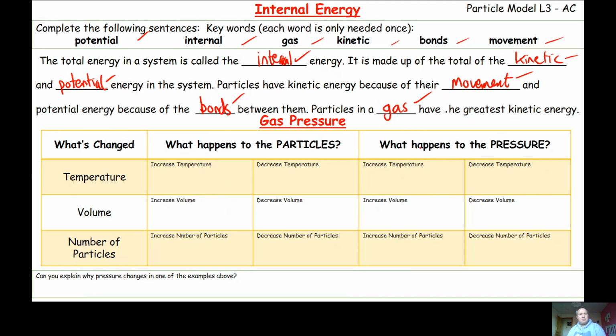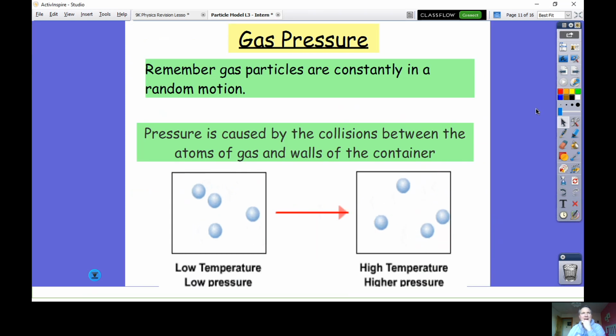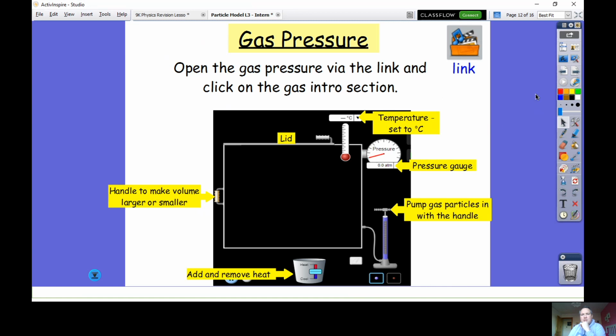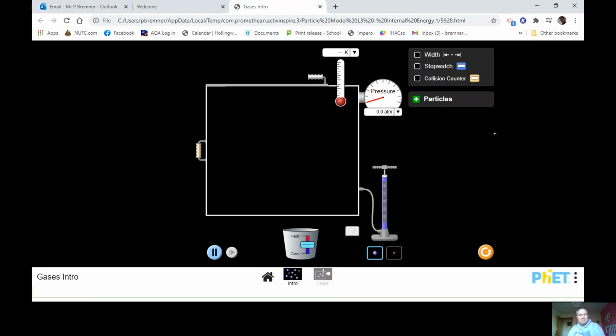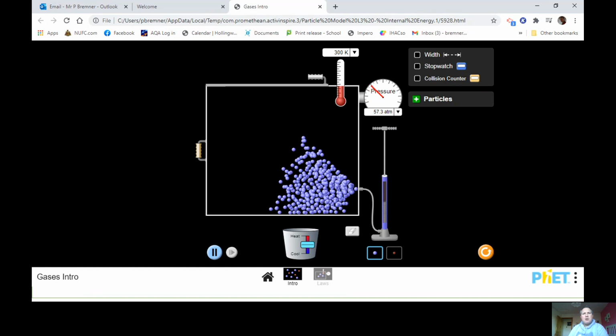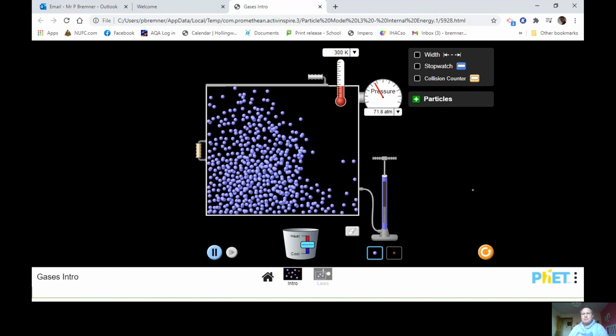Let's do our last job, our gas pressure job. We thought about the idea that gas particles make pressure on the container they're in because they're moving around all the time and hitting the sides of the container. I've got a simulation which lets me look at what happens to the gas particles in a container when I make some changes.